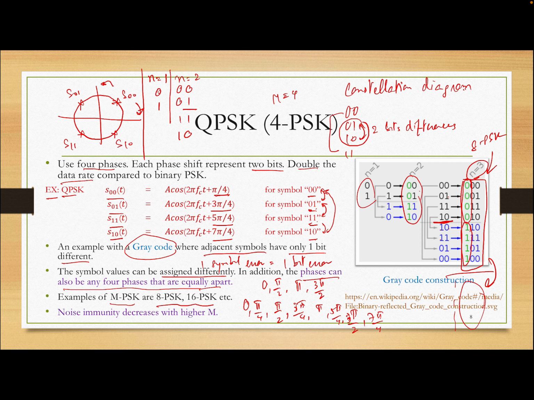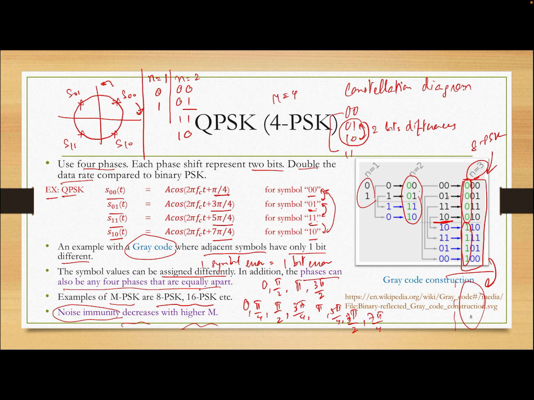Now you can see that the noise immunity, meaning how well you can be correct even though there is noise, will decrease with higher M, because you have to distinguish the values of the phase that are closer together.